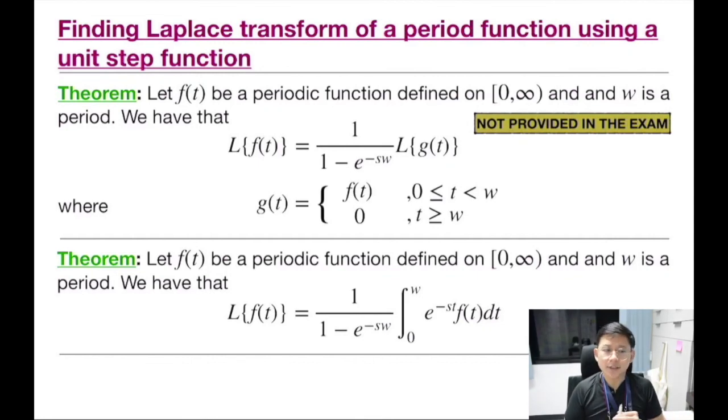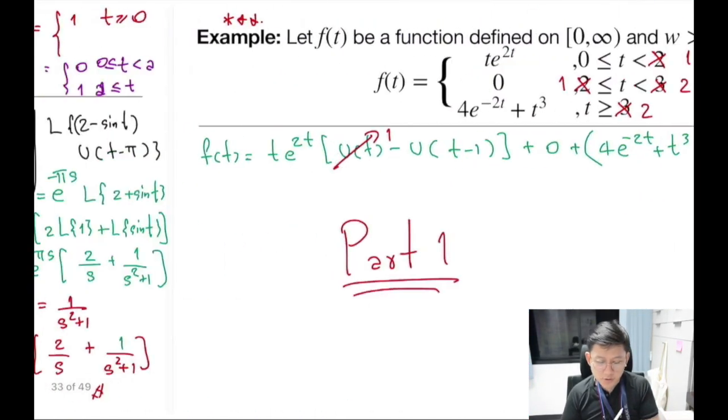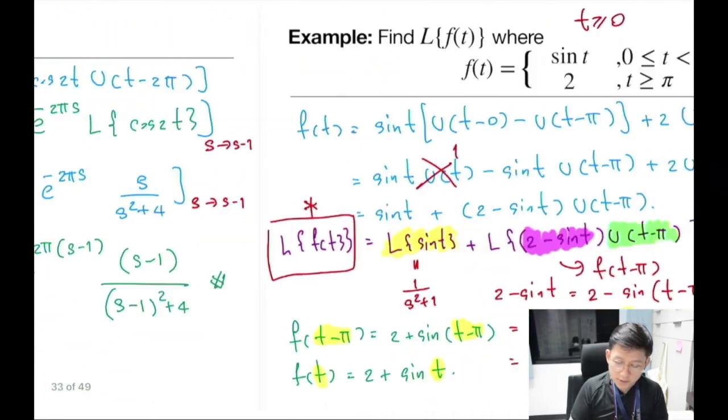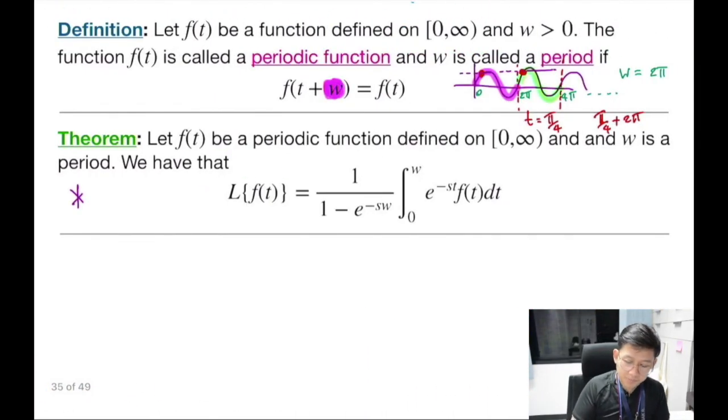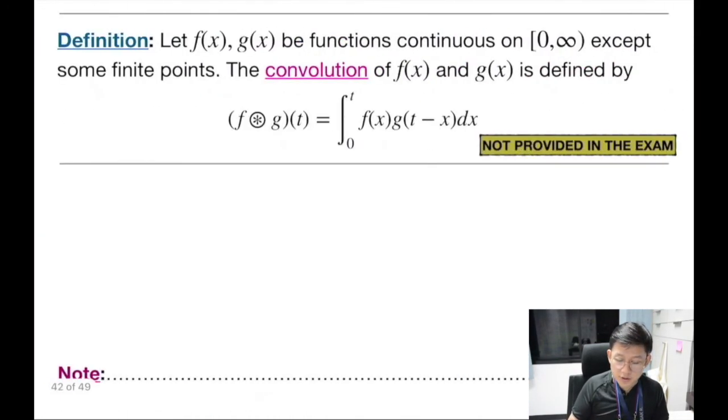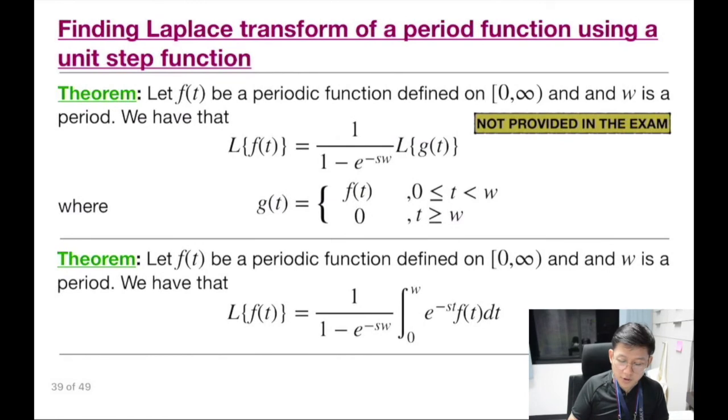If you remember, if you go back to what we had before, it's just here. If you have the periodic function, the Laplace transform of the periodic function looks like that, which is actually this one.